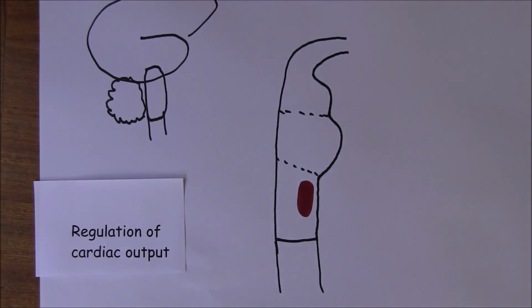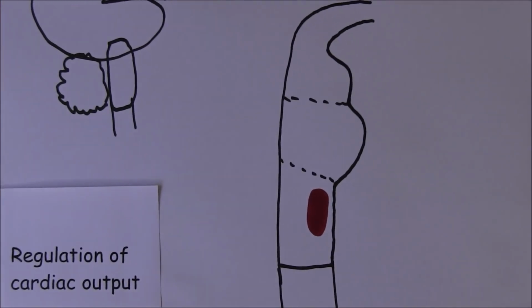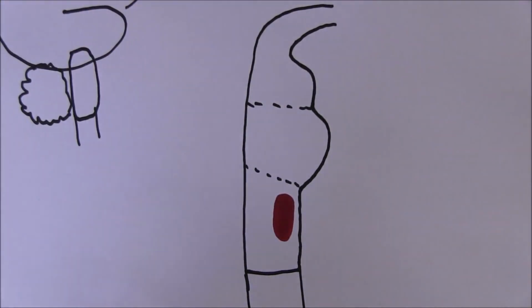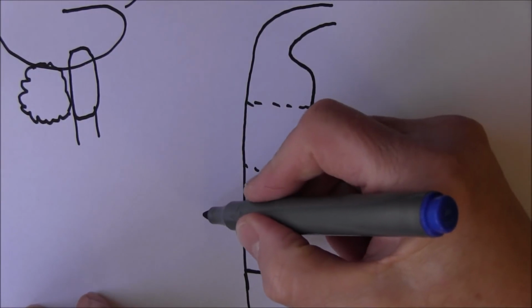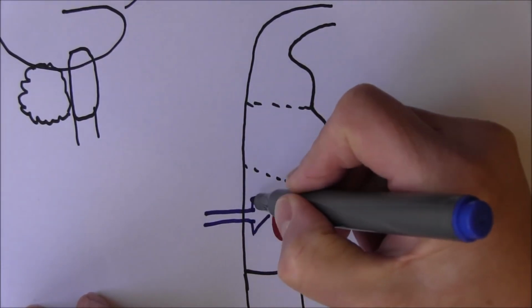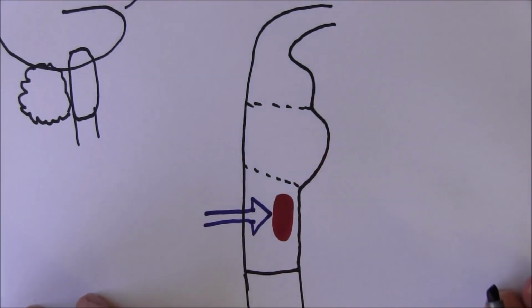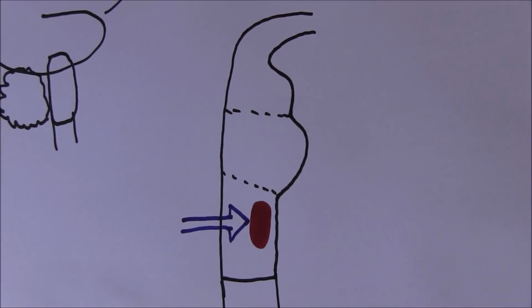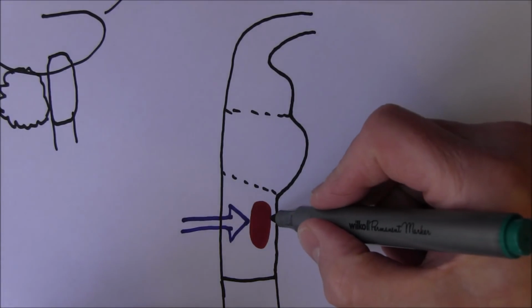And the cardiac centre receives inputs and it receives outputs. So there's sensory information going in to the cardiac centre, and there is motor and other instruction type impulses going out.